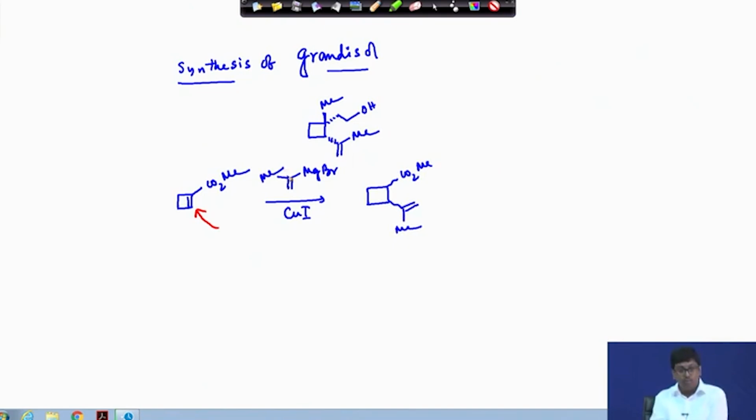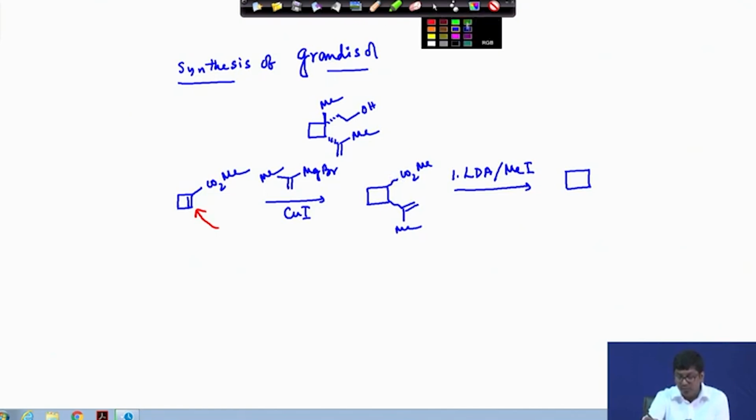Once we have this, then in presence of lithium diisopropylamide, a very strong base, and the electrophile methyl iodide that we have used for the methylation, the overall product will be formed. See, this is the most acidic proton over here.